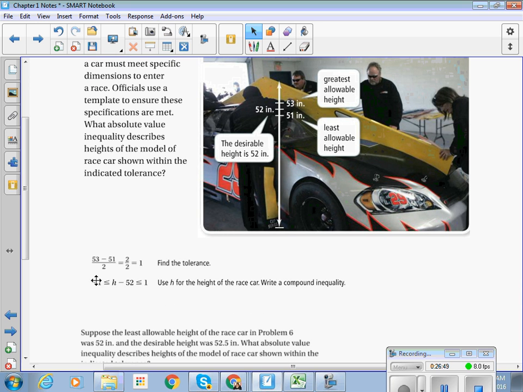So we take our tolerance, write the -1 down, write the +1 down, and our height minus our desirable height. And that's answering the question, what absolute value inequality describes the heights of models of the race car within the indicated tolerance? Now if I were to write this as an absolute value, it would be the absolute value of h minus 52 less than or equal to 1.